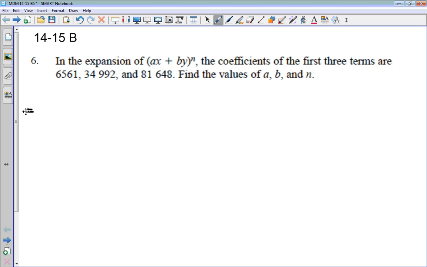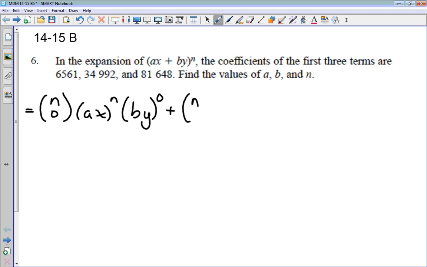So our first term, with k equal to 0, is going to be n choose 0, (ax)^n, and then (by)^0. I'm just going to put every term in the expansion for completeness at the beginning, and we'll cancel the ones that can be canceled out later.